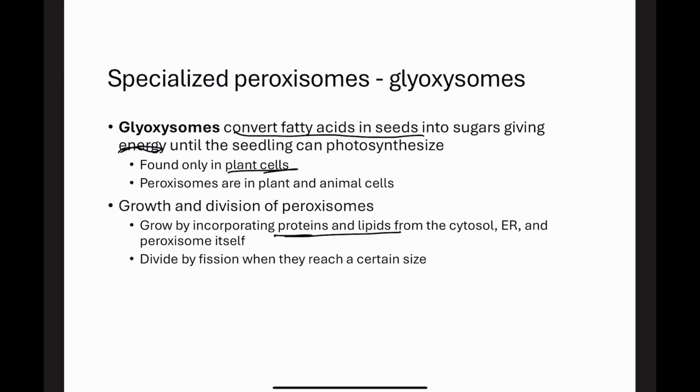And they're going to divide by fission. So once they reach a certain size, they're going to undergo fission. And their ability to do fission also suggests the possibility of an endosymbiotic origin, but that theory is really still debated at this time.